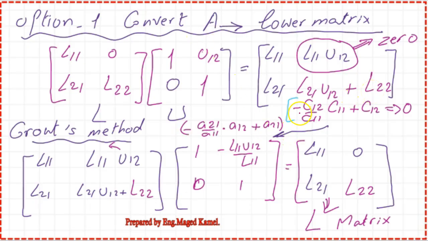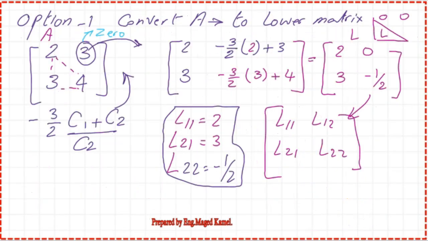This can be done by multiplying the first column by minus C12 over C11 and adding to C12 to get it 0. At the end, we are going to get a lower matrix L sub 11, 0, L sub 21, and L sub 22. In the next slide, we are going to use numerical values for matrix A.